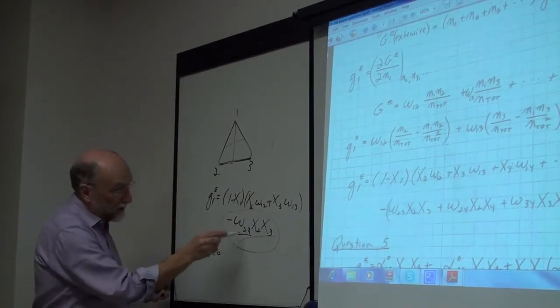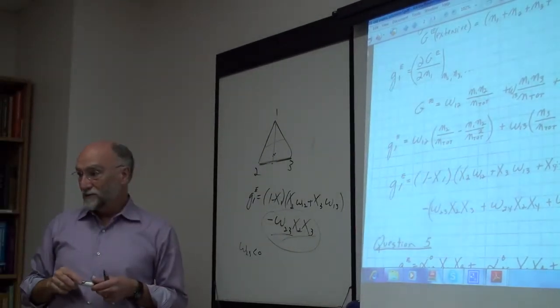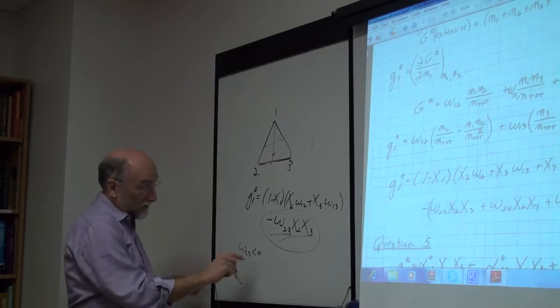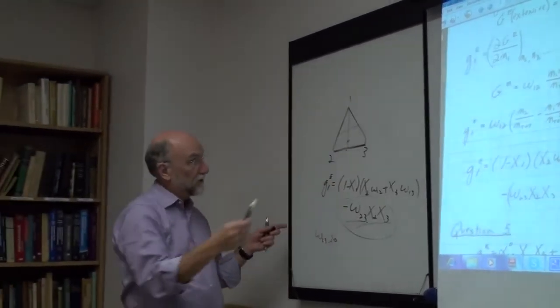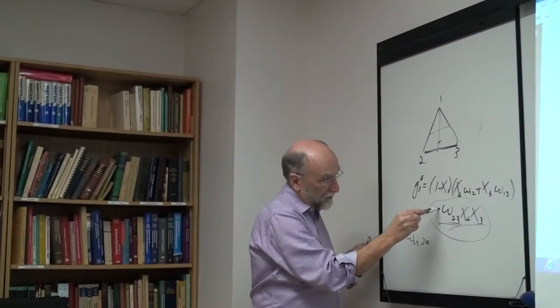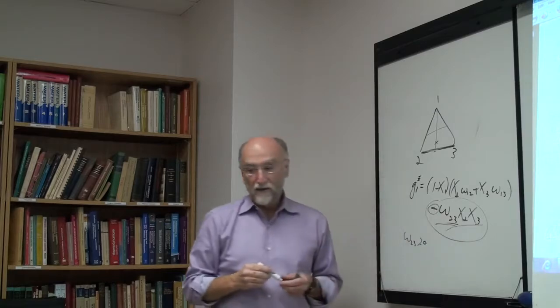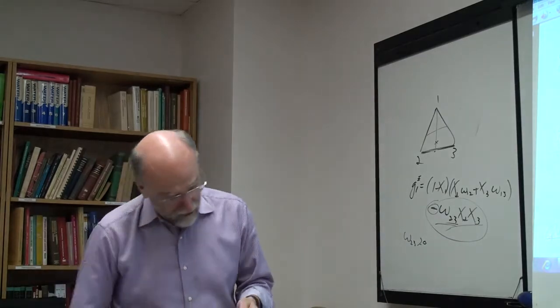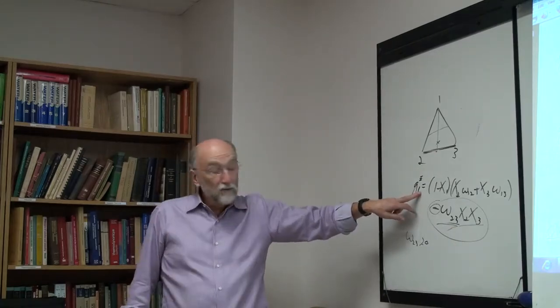But this gives you a positive contribution to G excess of 1 in the ternary system. Or if omega 2,3 is positive, that means 2 and 3 tend to demix in the binary system, and this then gives you a negative contribution to G excess of 1. So there's this minus sign here. This is how the 2,3 interactions are affecting the activity of component 1.